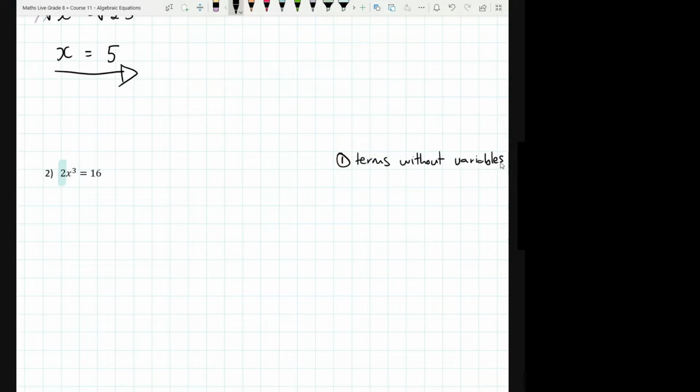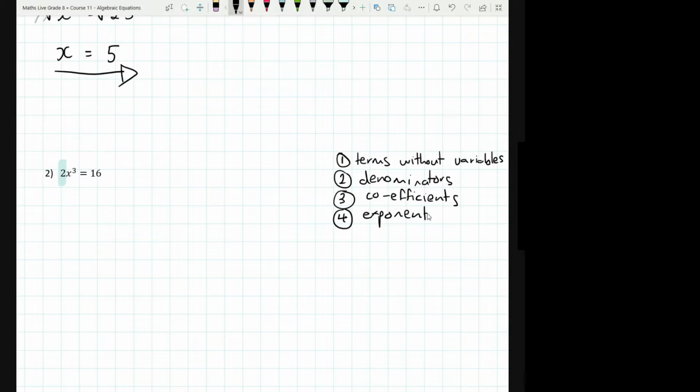Those are the pluses and the minuses, and you just transpose. Then, when you have only one term left, the next thing you're going to want to get rid of is your denominators or fractions. Here we don't have any fractions, so we move on. The next thing you want to get rid of is the coefficients. And then the last thing you get rid of is your exponents.